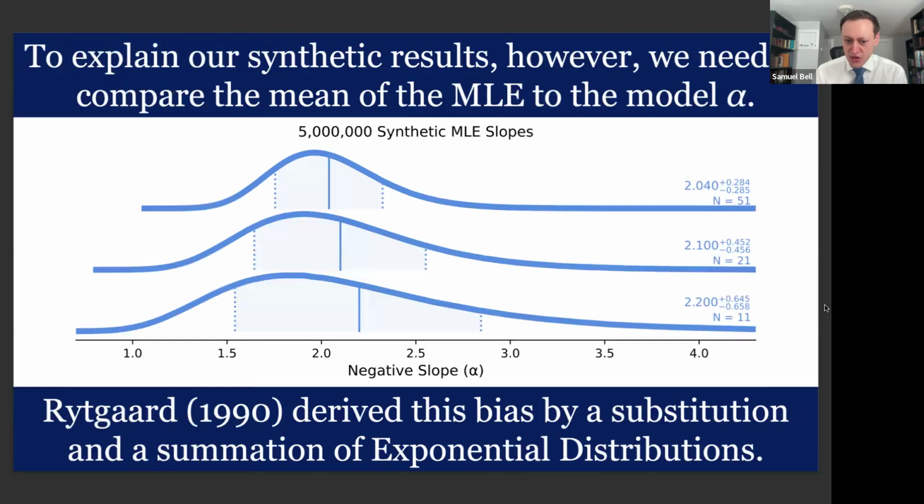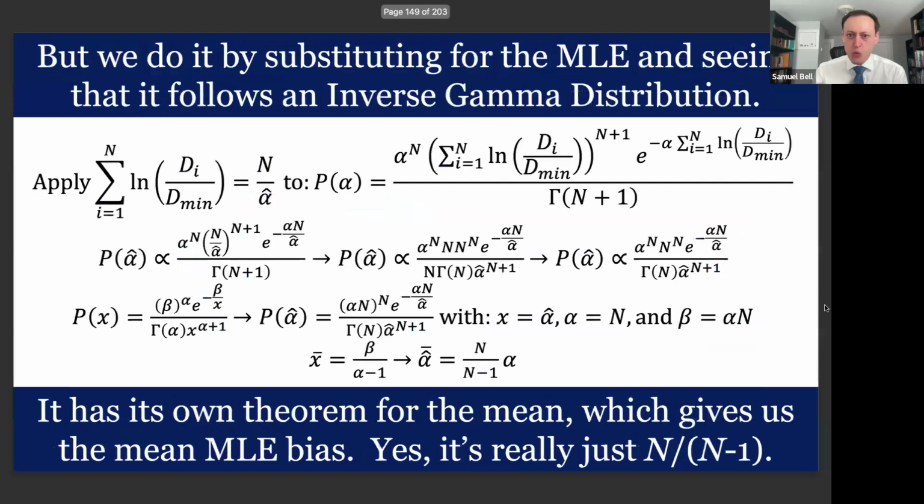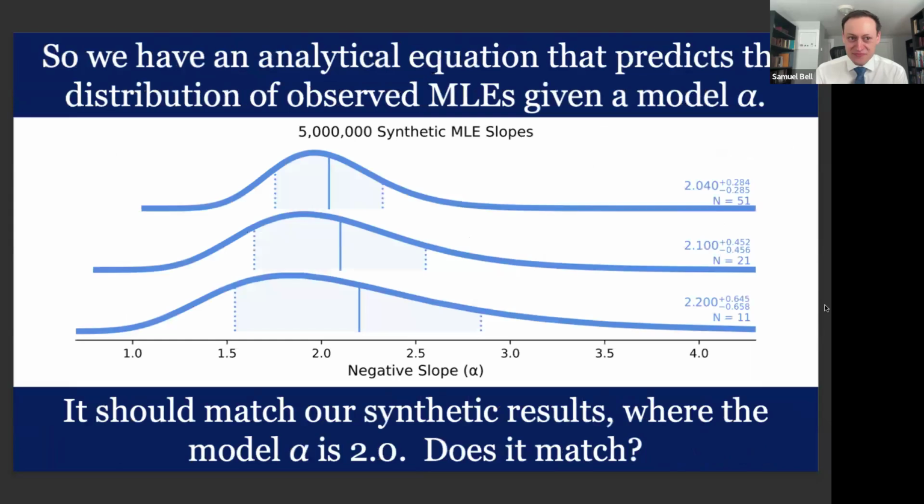Ritgard, 1990, derived this bias by a substitution and a summation of exponential distributions. But we do it much more simply, by substituting for the MLE and seeing that it follows an inverse gamma distribution. And the inverse gamma distribution has its own theorem for the mean, which gives us the mean MLE bias. Yes, it's really just n over n minus 1.